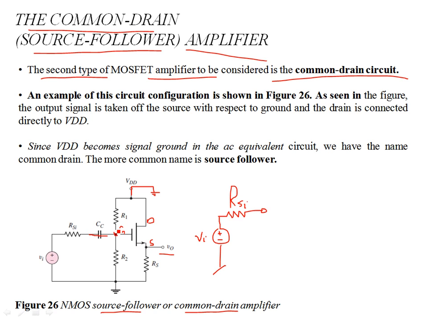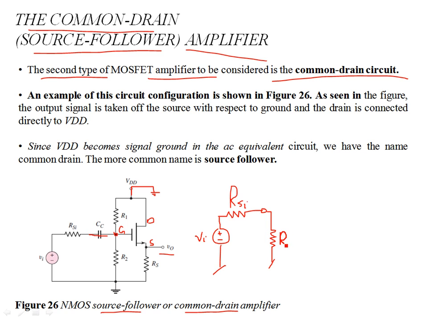This node is common to both biasing resistances R1 and R2, and the other node is at the signal ground. So you'll have a parallel combination of R1 and R2, which is going to introduce some loading at the input.